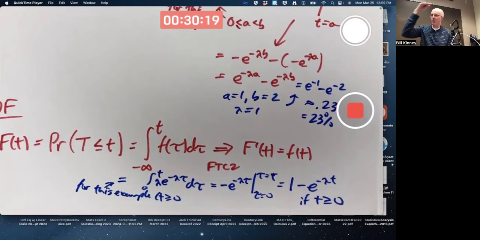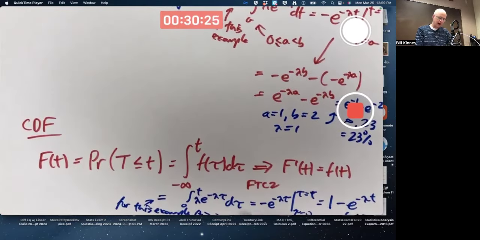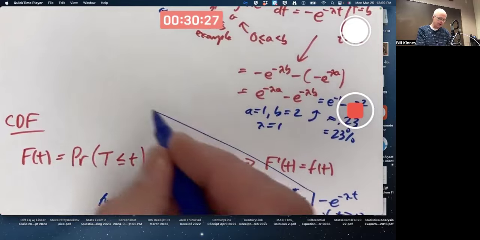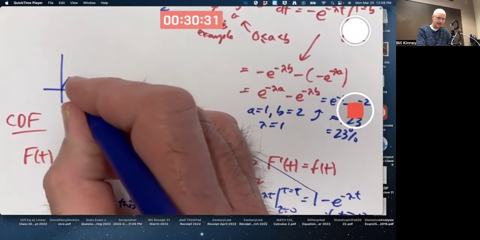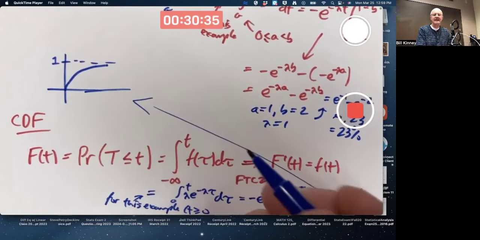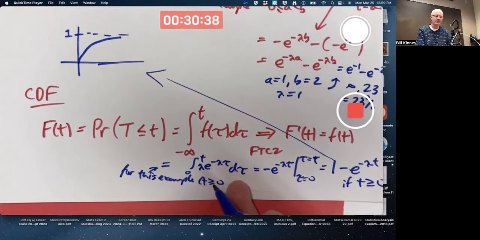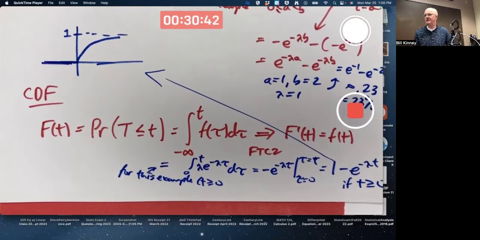Has the line at 1 as a horizontal asymptote. Yeah, the graph for this example, I'll put it over here, looks like this. Technically, it's also defined when t is negative, but it's 0 when t is negative. So technically, it's a piecewise function as well.